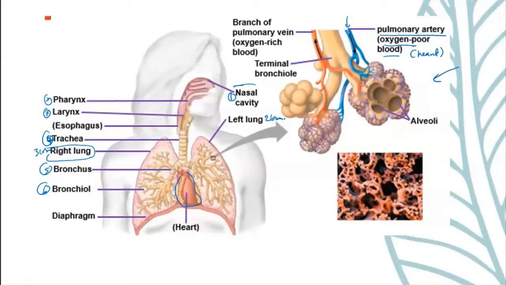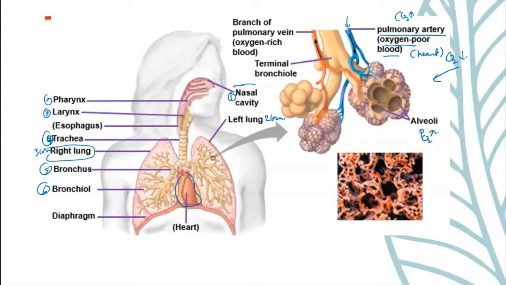From this oxygen poor blood, gas exchange will occur. Oxygen poor blood obviously has a high concentration of carbon dioxide and a low concentration of oxygen. The alveolus will have a high concentration of oxygen, obviously.